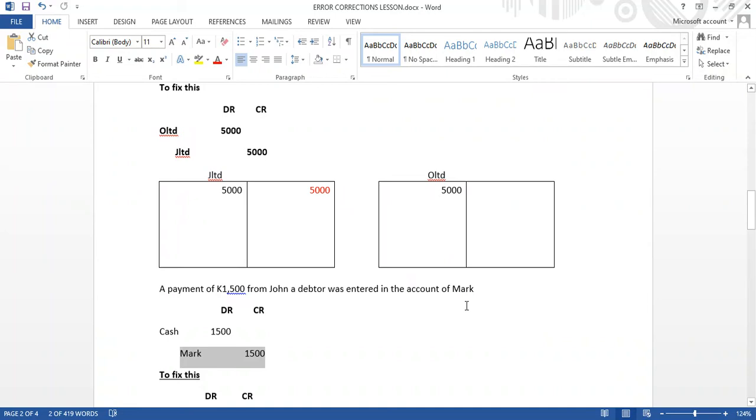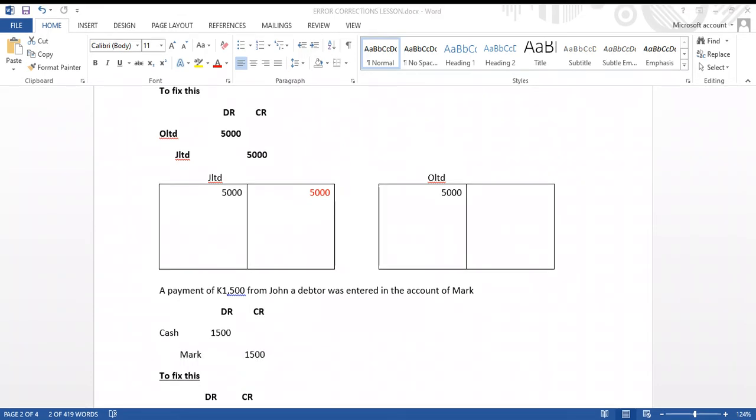So what we're going to do here is debit Mark's account and credit John's account, because we have to remove that amount from Mark's account. Let me use the board here. We have Mark and we have John. We credited Mark, it was 1,500, I believe.